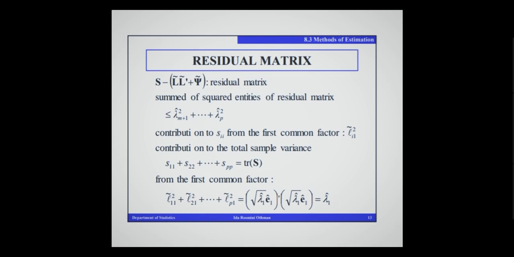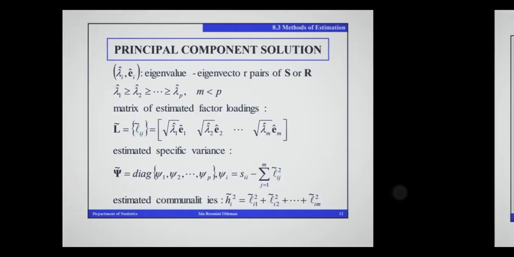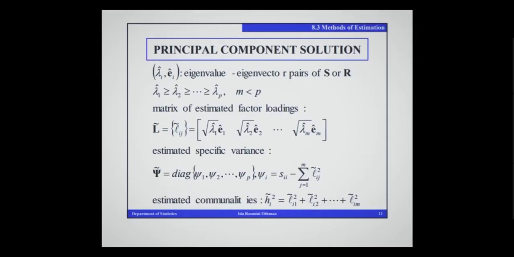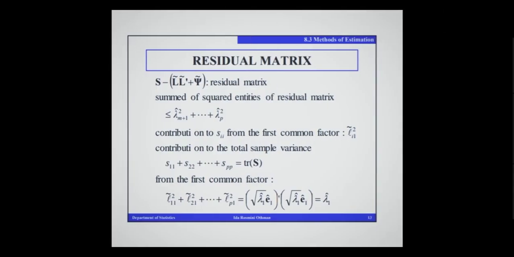Okay, so kita akan gunakan S kalau eigenvalue tadi dan juga eigenvector kita ambil daripada covariance S. Kalau kita dapatkan eigenvalue and eigenvector from the correlation matrix R, so kita kat sini ganti kepada R. Okay, R minus this value untuk dapatkan residual matrix.